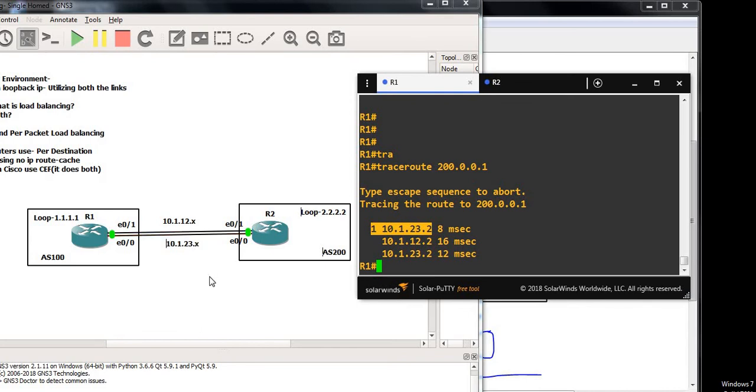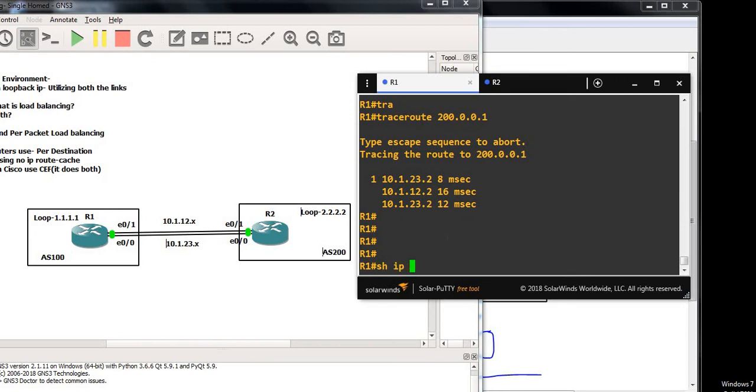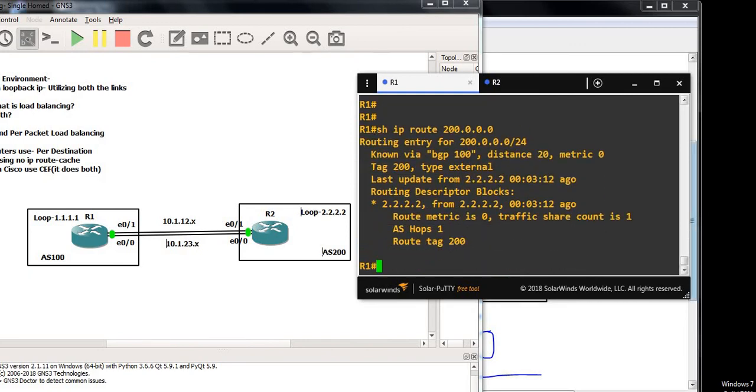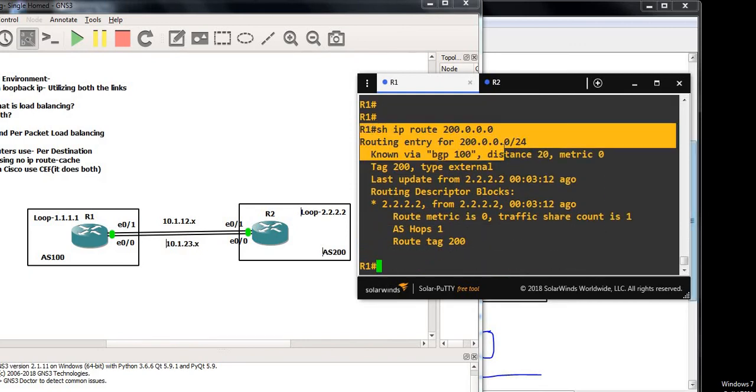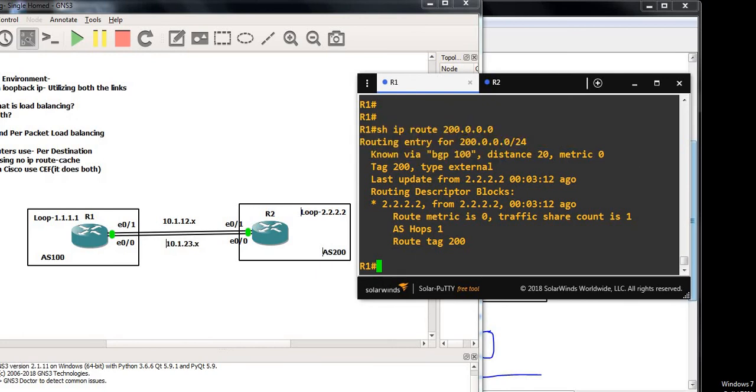Basically we are using BGP here. However, it is doing the load balancing using the IGP. The IGP we have used is the EIGRP routing protocol, and it is doing the load balancing using EIGRP. So if you do show IP route 200.0.0.0 and look at the routing table, you are seeing that to reach this 200 network, I need to send a packet to 2.2.2.2, or the 200 network is learned from 2.2.2.2.